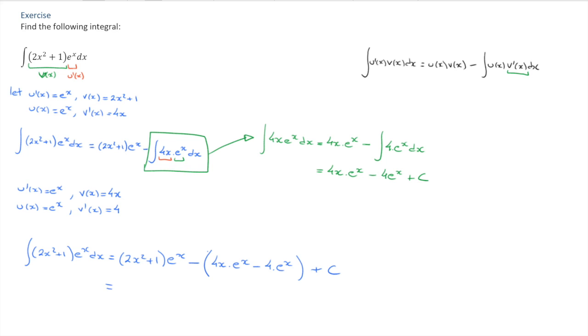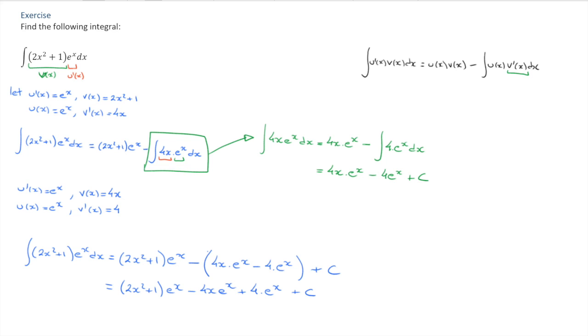We now open up the parentheses to state our final answer, which is 2x squared plus 1 times e of x minus 4x e of x plus, careful of the sign there, plus 4 times e of x plus c.